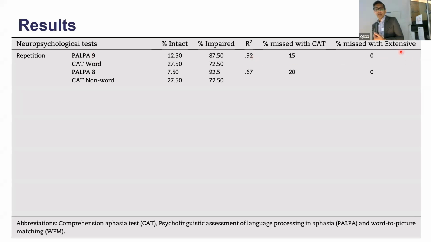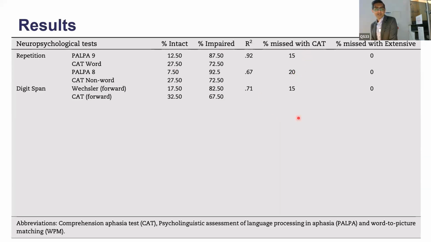But the main thing to focus on is the last two columns. What we calculated was what proportion of participants were marked as intact with the CAT but were marked as impaired with a more extensive test. So in effect, the CAT missed 15% of the participants because they were marked as intact, and 20% for the non-word.